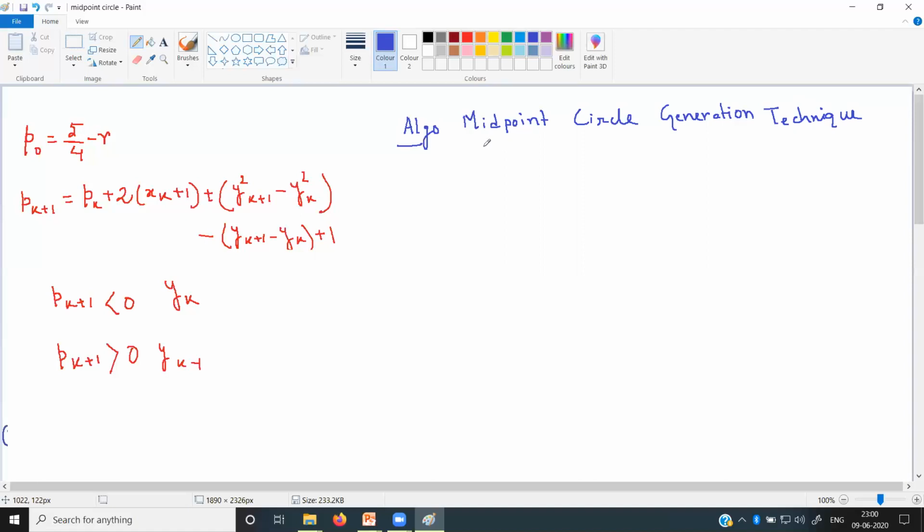We are writing the algorithm for the midpoint circle generation.